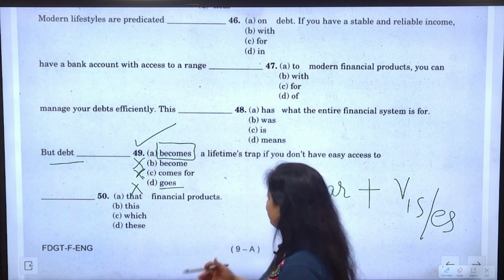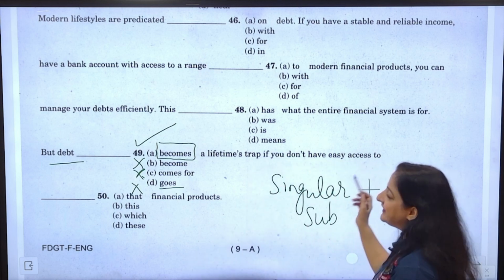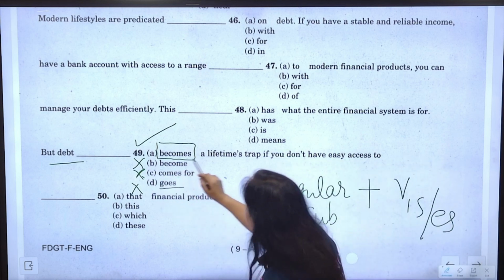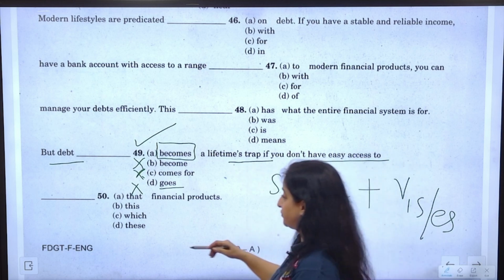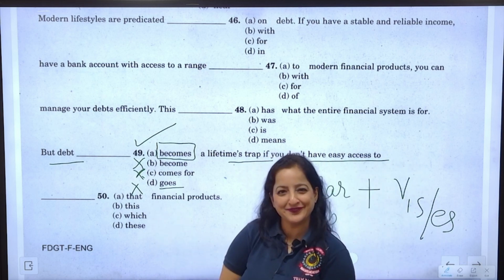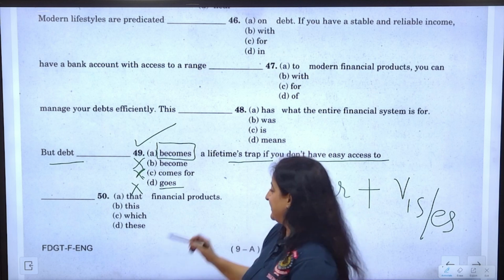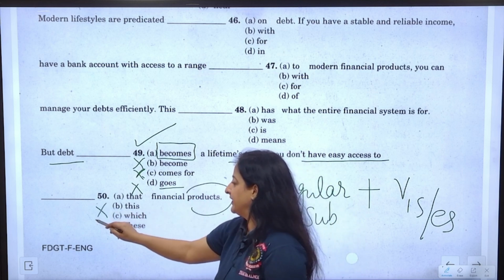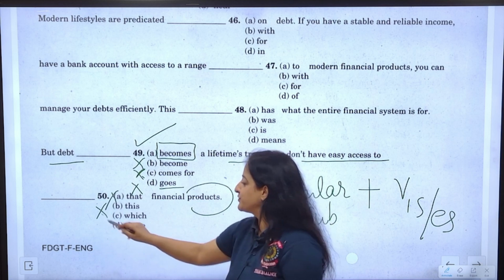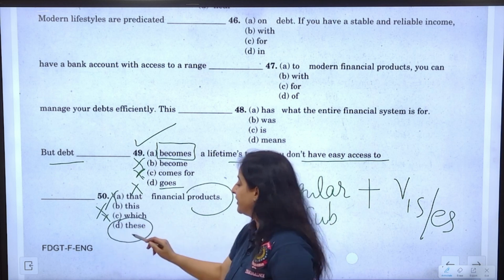So, debt becomes a lifetime trap if you don't have any access to. Now what do you think? See, products again plural, so this won't work, that won't work, which won't work either. Why?